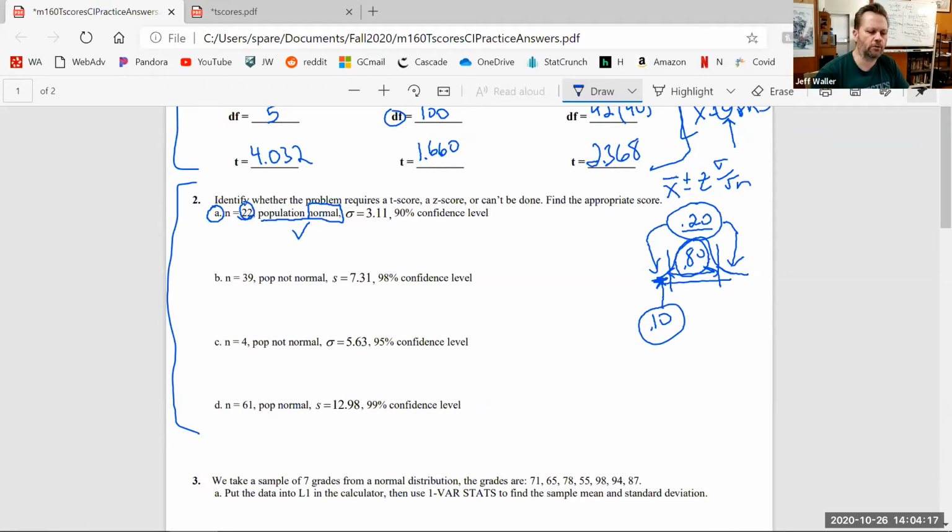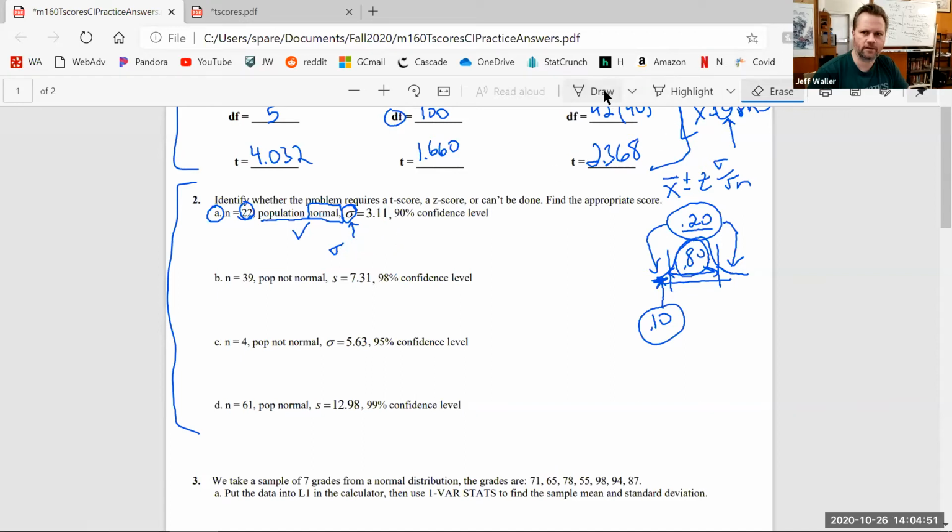Now, how do I know whether to use T or Z? It depends on whether I have a sample or population standard deviation. And here, sigma is known.